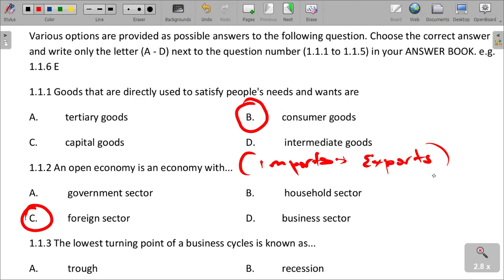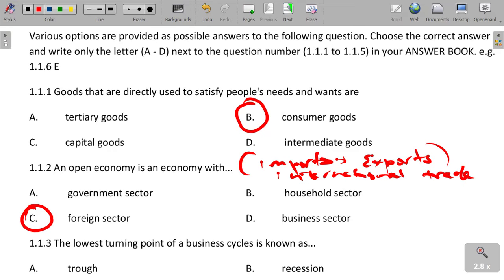If those are there, we say that there is international trade. So when we have international trade, the economy is open because it allows the movement of goods and services across the borders. That is what we mean by an open economy.